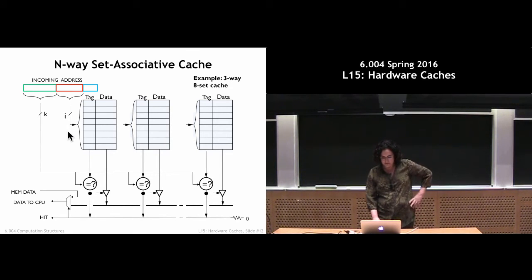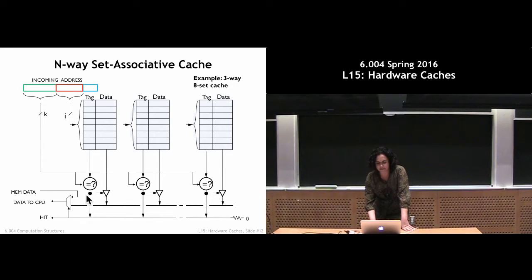And so then what's going to happen is I pick my set. The data that corresponds to each location in that set, together with a tag, are going to be brought down here. Now I'm going to do the comparison of the tag that's in my incoming address with each one of these. And then if I get a hit on one of them, it's going to drive what we call here an enabled buffer.